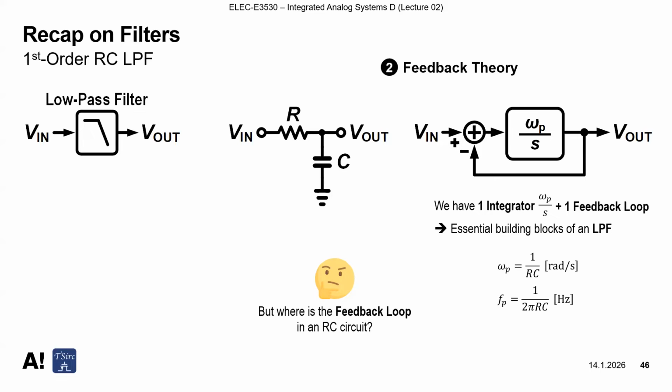Oh, sorry, can you repeat? The resistor restricts the voltage drop, so it might act as negative feedback. Yes. So with the help of a teammate, both of you figured it out. Thank you. So yes, there is feedback with the capacitor and the resistor.